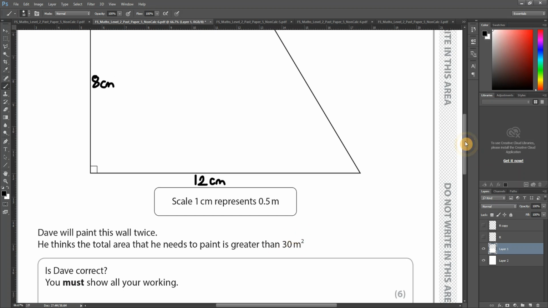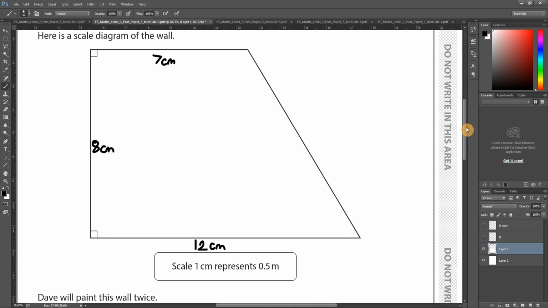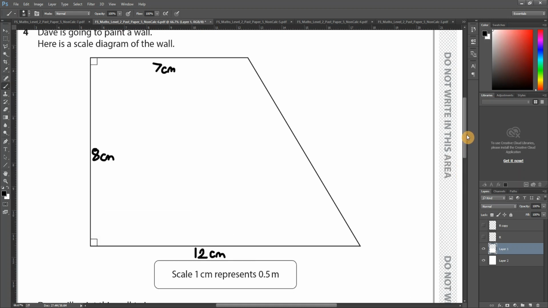So personally, I would change these to meters, because they said your scale is, for every centimeter, half a meter in real life. So let's change it to what it would be in real life. If it's half a meter, that means if you halve whatever number of centimeters you have, that's how many meters it'll be in real life.